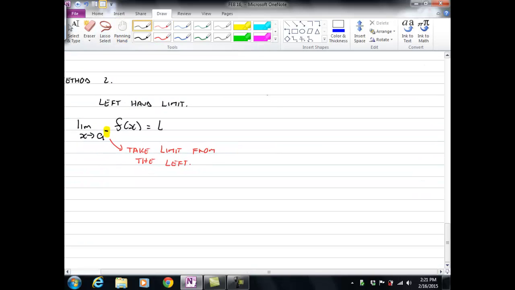This next one is called the right-hand limit. Here's what I'm going to do. I go lim as x approaches a, and notice there's a little plus sign now.